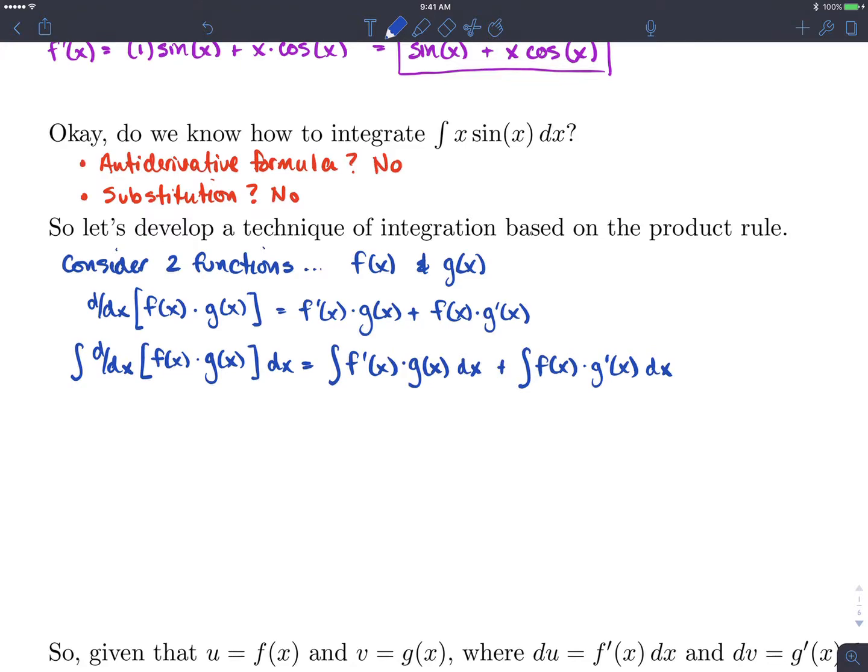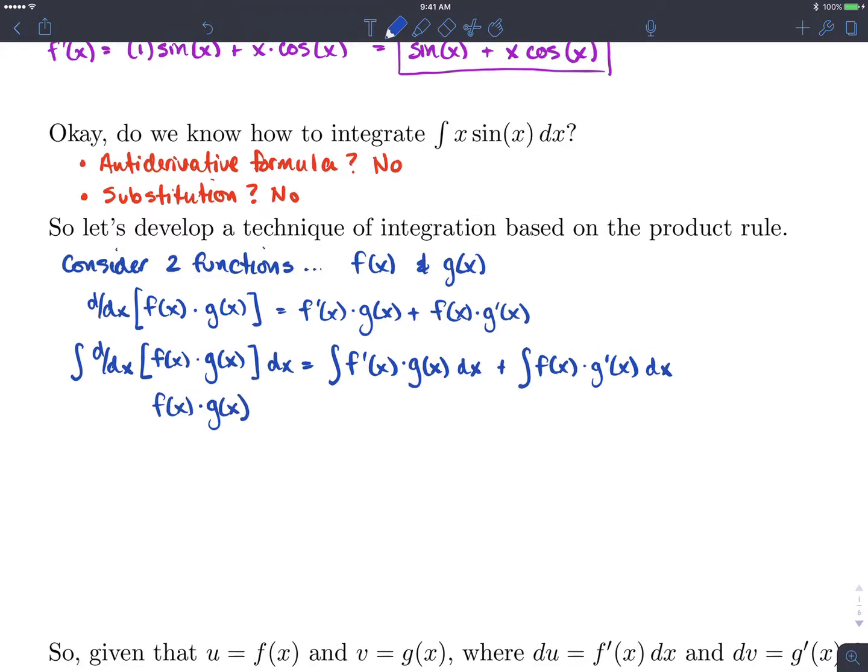Now, a couple things we can do to simplify. We recognize from the fundamental theorem of calculus that integrating the derivative of a function essentially undoes it. So for this first expression, integrating the derivative is just going to give us f of x times g of x.